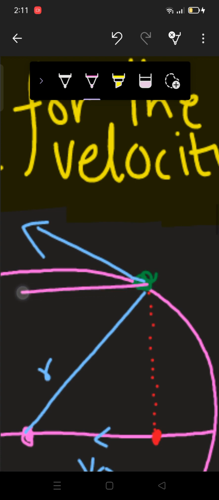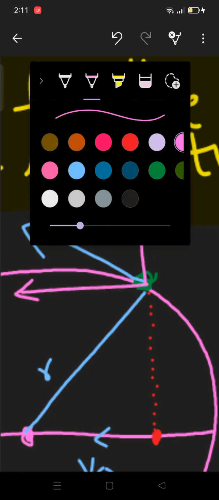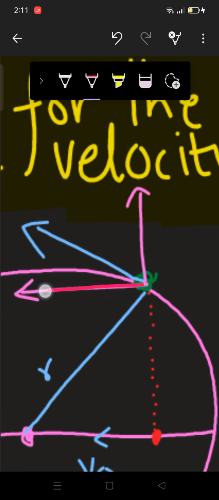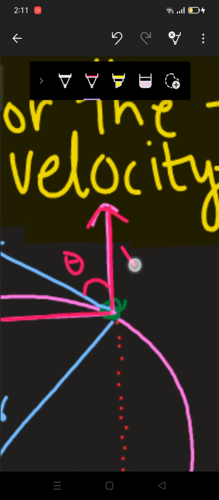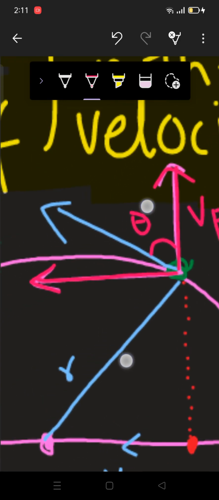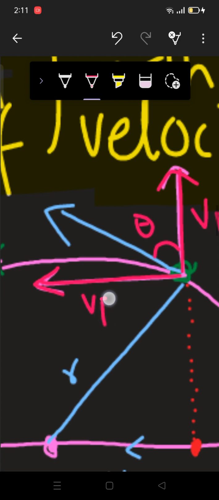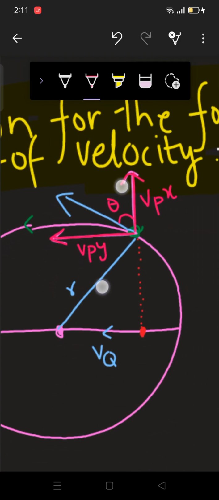One would be this component and another would be this component. This vector is making an angle with this, which means this is its x component, vpx, and this is its y component, vpy.